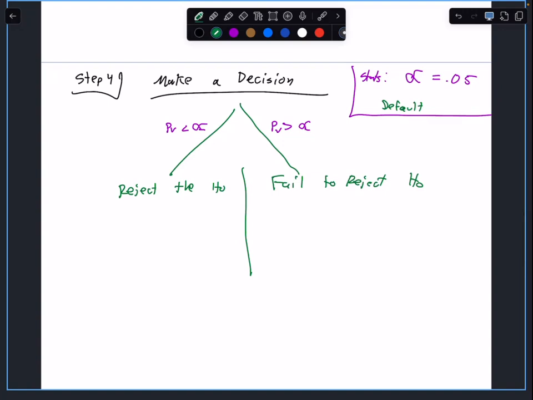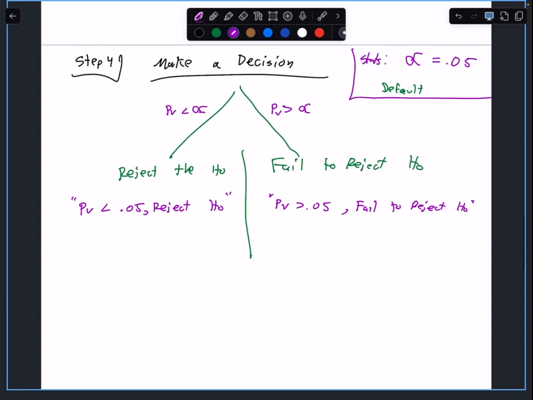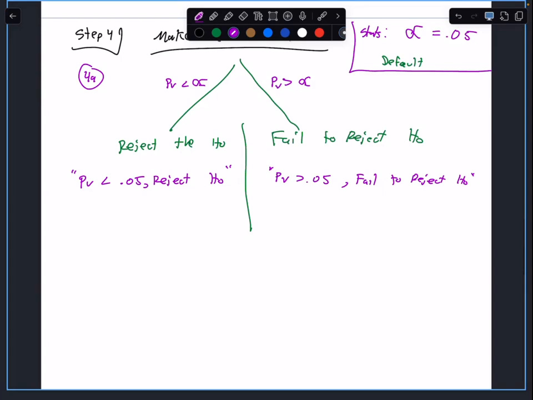When PV is less than 0.05, reject the null hypothesis. If PV is greater than 0.05, fail to reject the null hypothesis. Sorry, this is step 4A. It's like a two-parter step. Alpha is also known as our level of significance. I do want to note that.